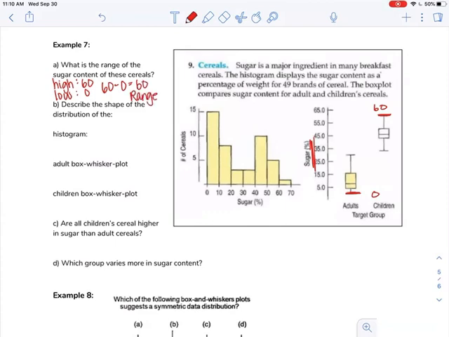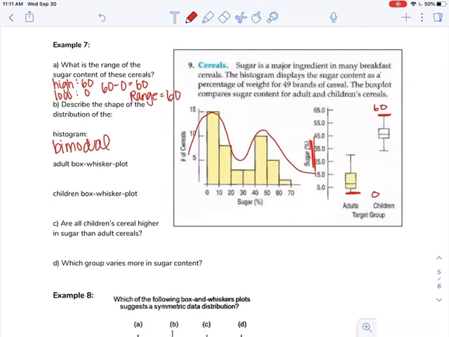All right, now if we're going to describe the shapes of our distributions, our histogram, notice how it has 2 humps. So we're going to call that bimodal.